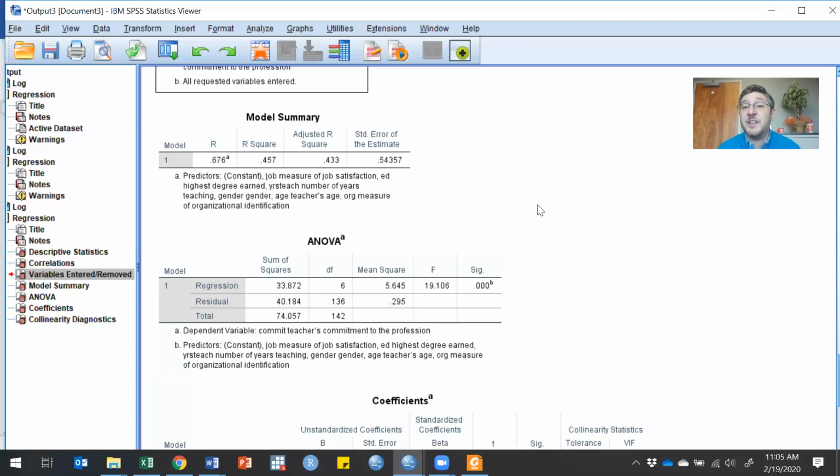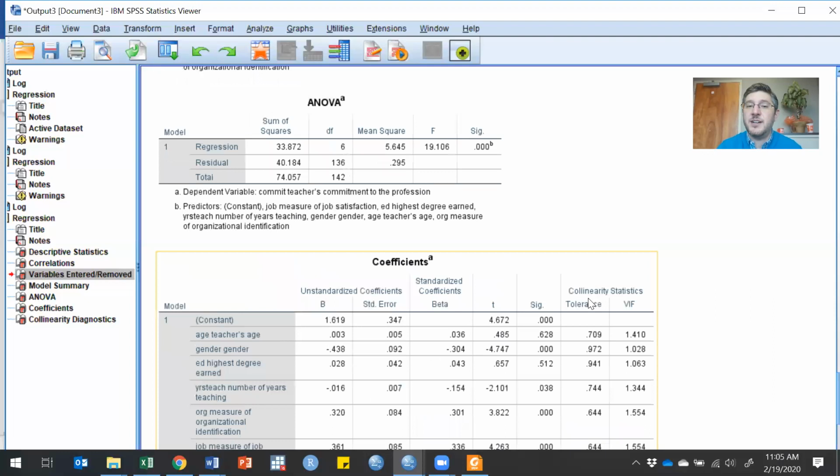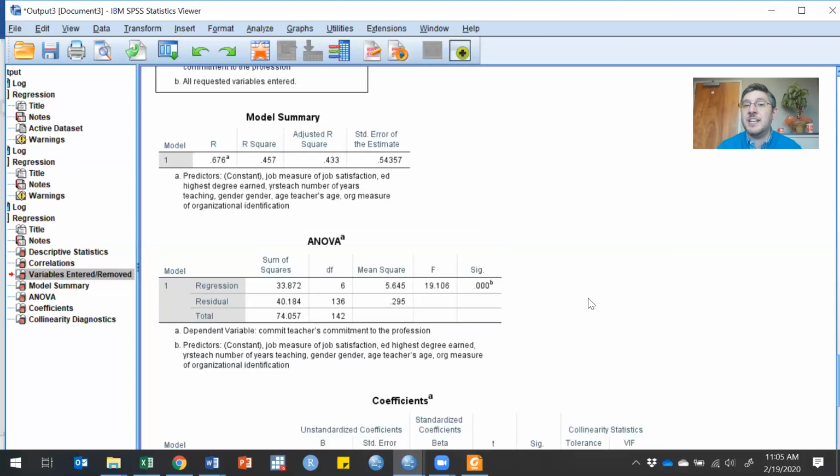You can also think of it as saying that some combination of our independent variables are significantly related with our dependent variable, kind of the same way you think about it in an ANOVA sense. If the F-test is significant there, it's saying that some combination of groups are different from each other. That's what it's testing here.